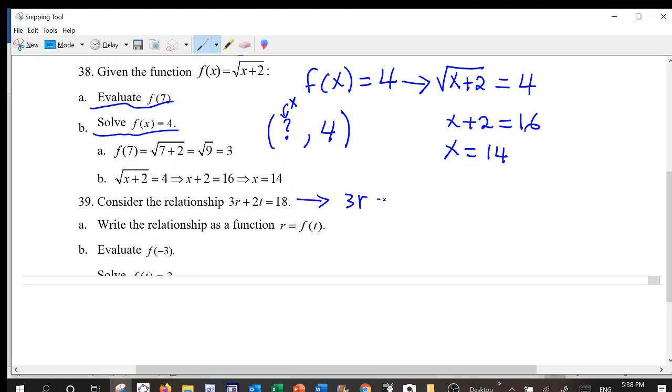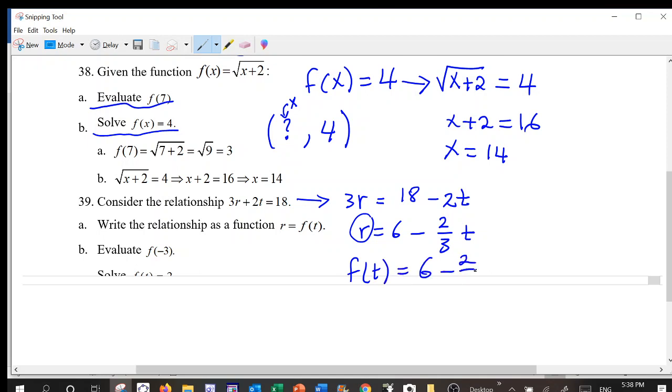So 3r equals 18 minus 2t, right? So r equals 18 divided by 3, which is 6, minus 2 divided by 3 t. Now we're going to call this r f of t. So f of t equals 6 minus 2/3 t. Now what is f of negative 3?